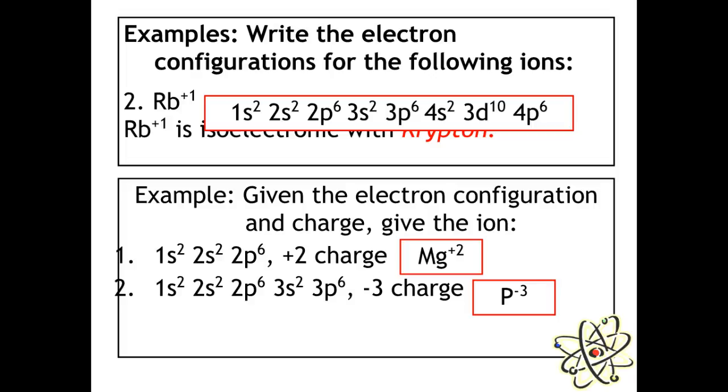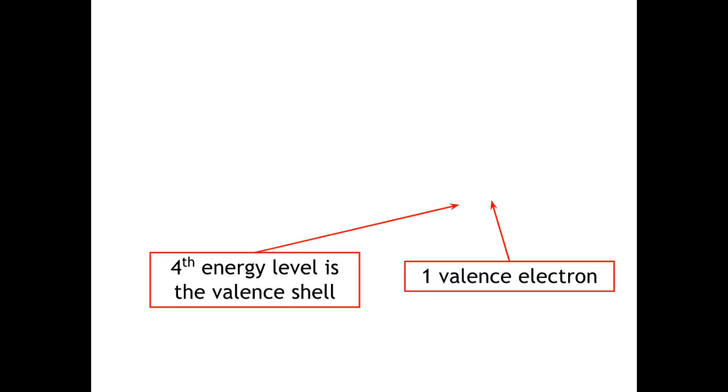And we would say P -3 because it has an overall charge of -3 to give me 1s2, 2s2, 2p6, 3s2, 3p6, which is the electron configuration for argon. But it's also the electron configuration for the ion phosphorus -3. So simply put, when doing ions, you do the normal electron configuration and you focus on the electrons. How many electrons do I have overall?